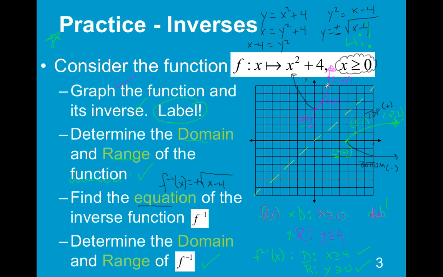If I had only given you the bottom arm, this domain would have looked like this, the original domain, and the inverse would not have the top arm, but would have the bottom arm only, and then the equation would have been negative the square root of x minus 4. Crazy, right?